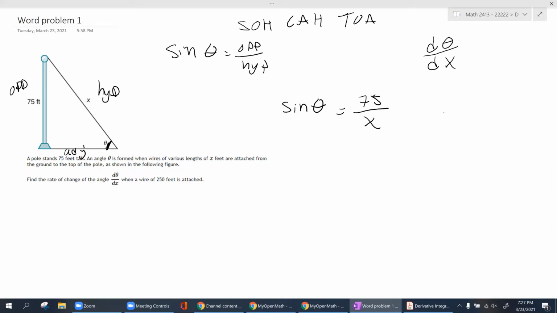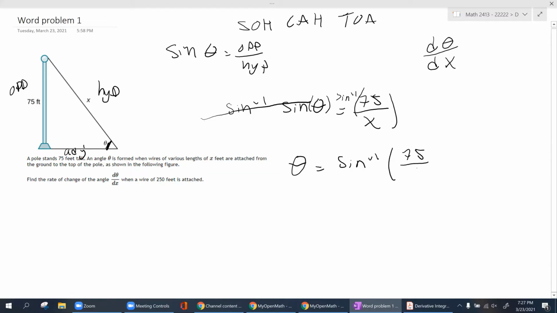If we remember from trig, if you have a term on the inside that's locked in because of sine, what are you going to do? You're going to take the inverse sine, or arc sine, to both sides. Why do I want to do that? Because these two would cancel out, leaving me with theta is equal to inverse sine of 75 over x.